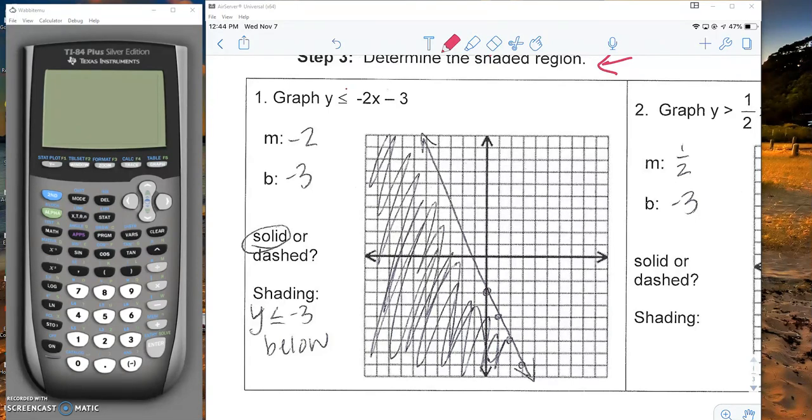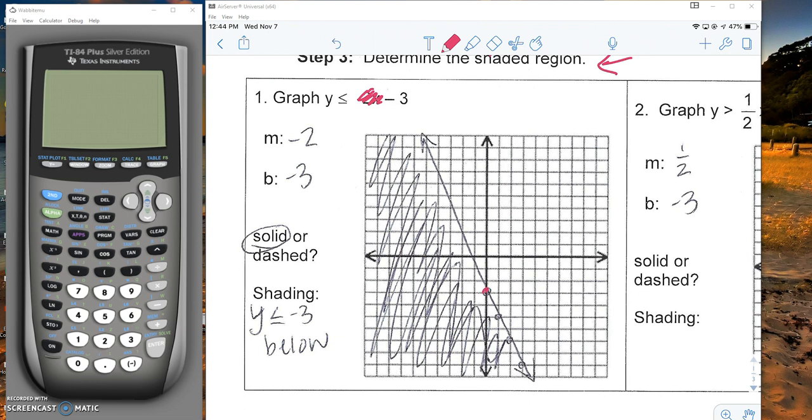Next, I have a solid line because there is a line under my inequality symbol. So instead of a filled in bubble, we have a filled in line this time, as opposed to a dashed line. And then for my shading, if you ignore the slope in order to shade by hand, and we just look at y compared to your y-intercept, we have y is less than or equal to -3.